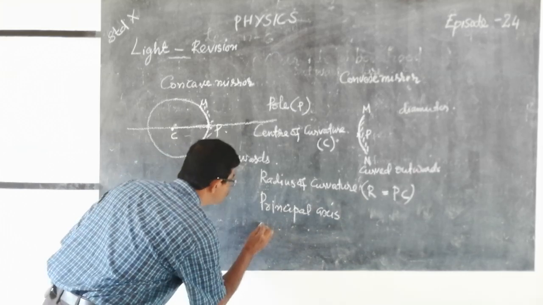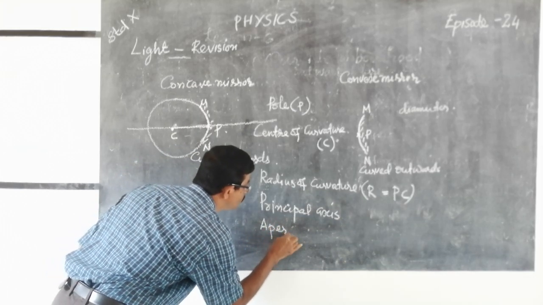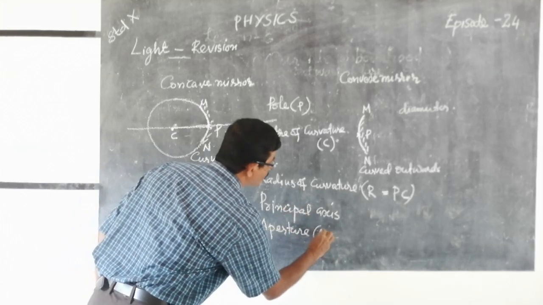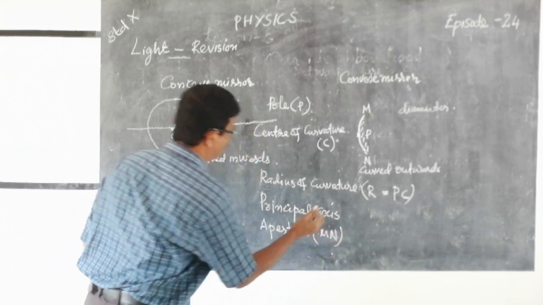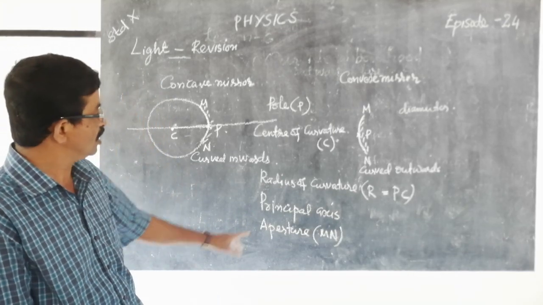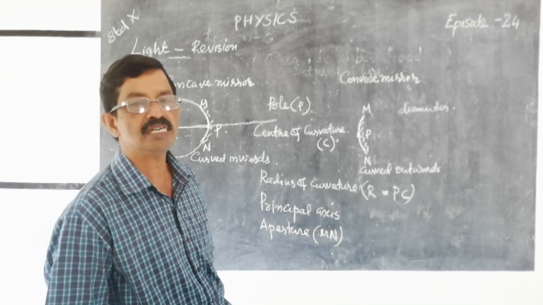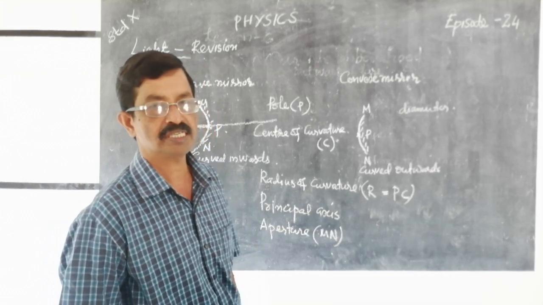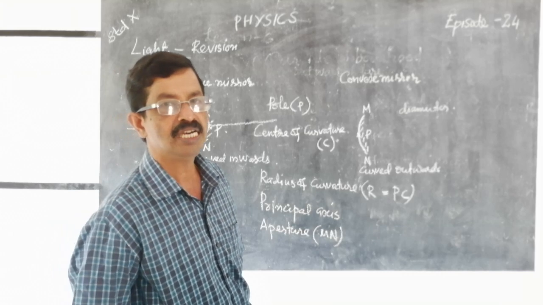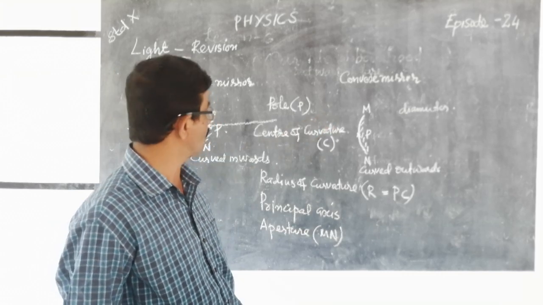Another term. And here it is ML. What is actually aperture? It is the diameter of the reflecting surface. Diameter of the reflecting surface is called the aperture of the mirror.